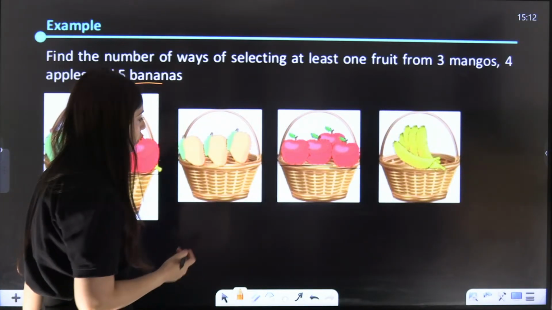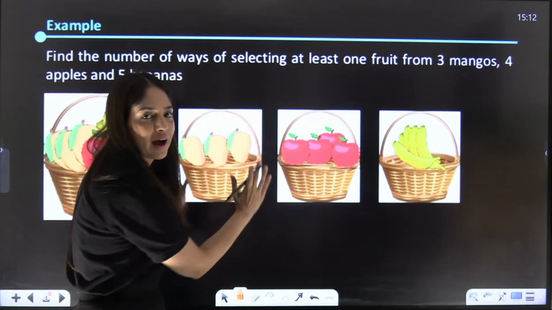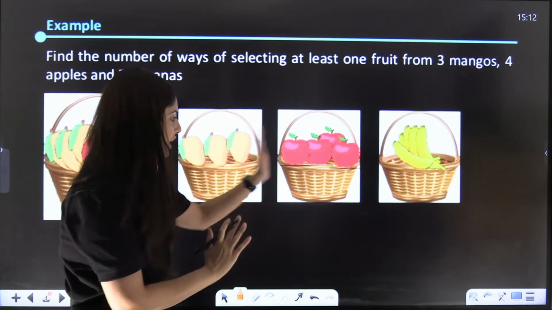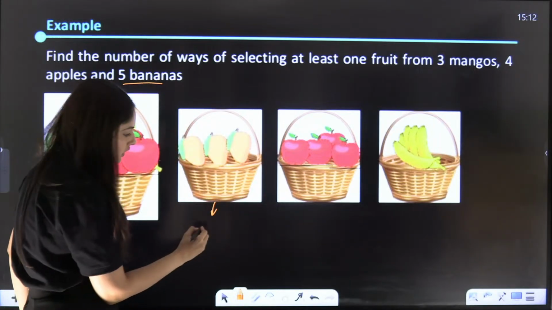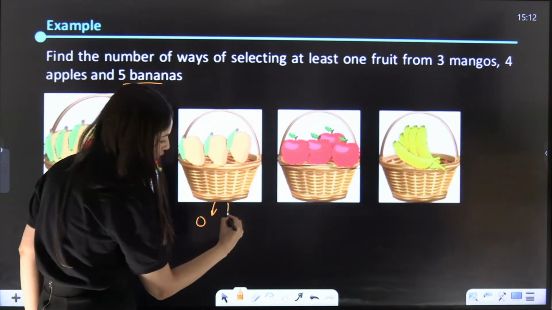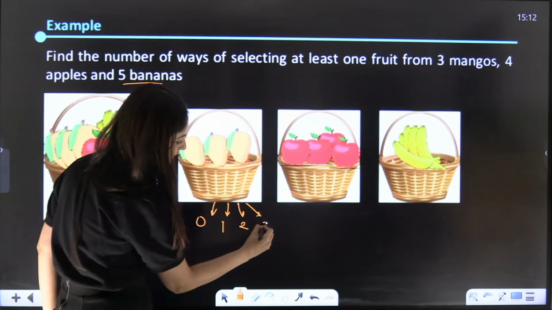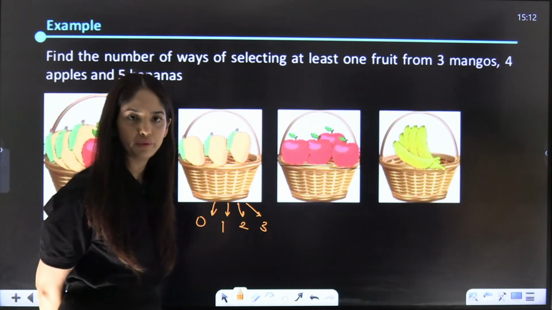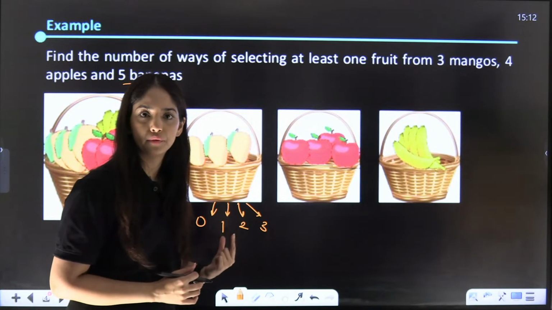How do we approach this problem? There are 3 mangoes, right? Just look at the mango basket for now. Forget about apples and bananas. Now, we can either take 0 mango, or 1 mango, or 2 mangoes, or 3 mangoes, right? So in total, we have 4 options now.